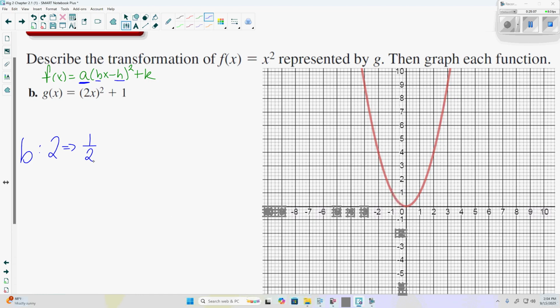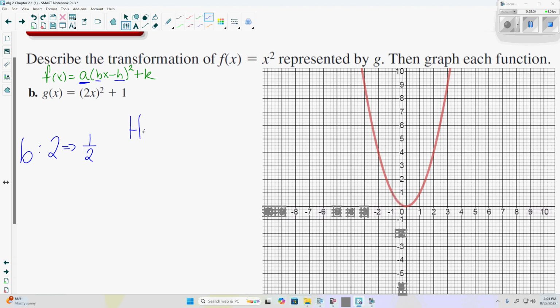Now, the first thing I would do is flip it, give it the reciprocal. Since it told us it's 2, its flip, its reciprocal, would be 1/2. If its reciprocal is between 0 and 1, it's a shrink. If it's greater than 1, it's a stretch. So 1/2 is between 0 and 1. So this here would be a shrink.